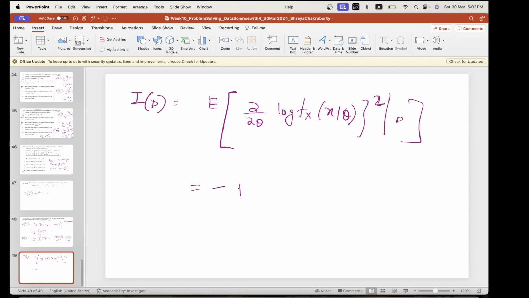That we can write as minus of expectation del theta square log of fx of x given theta. So how do we find this out?